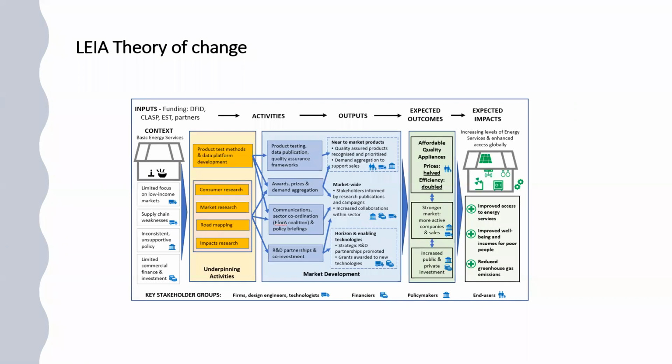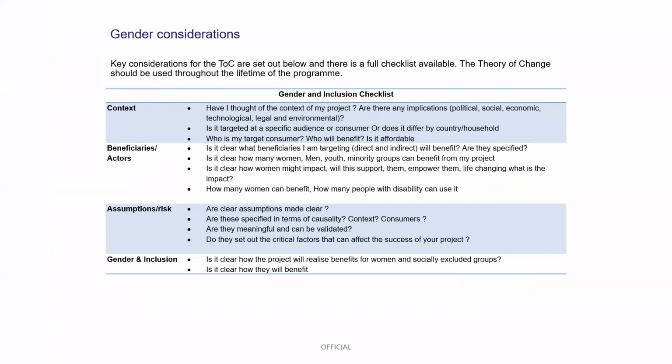Okay, the next slide, if we can jump to the next slide. So these are some considerations, just to get your thoughts triggered when you start planning. So again, we'll share them with you. They're gender and inclusion checklists. So when you're thinking about the content, have I thought about women?